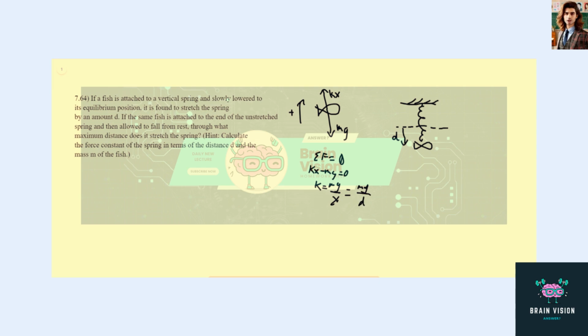Okay, so now we have to write down our conservation of energy formula for that release from rest and see how far it falls. So we have potential energy that is going to release, and it's all going to come down to some bottom here. That's the fish, and it's going to have zero velocity there when it's at a stopping point, and then it will start to go back up.